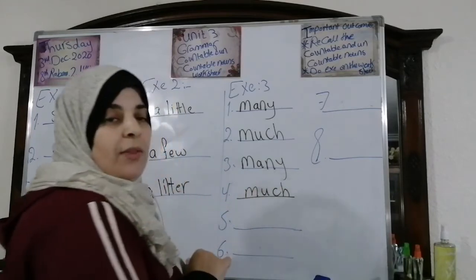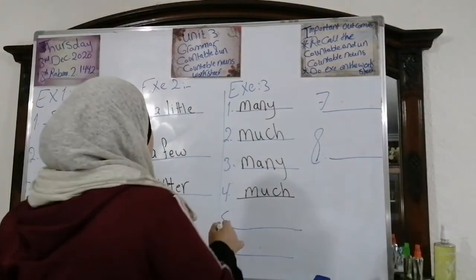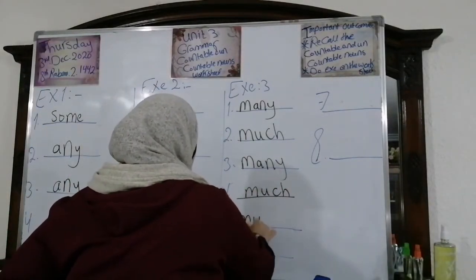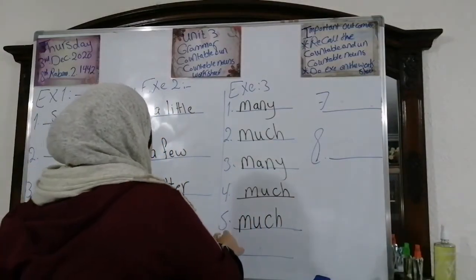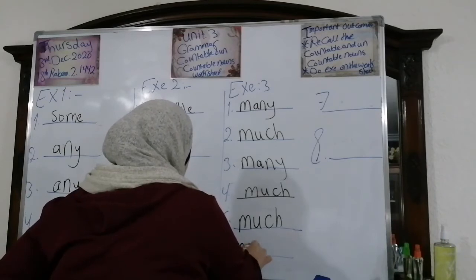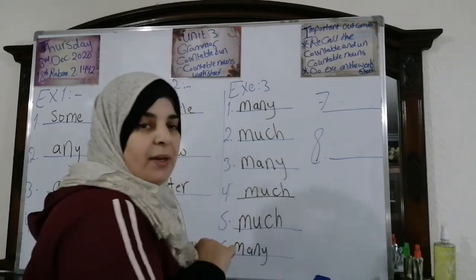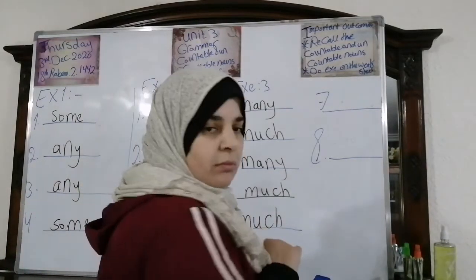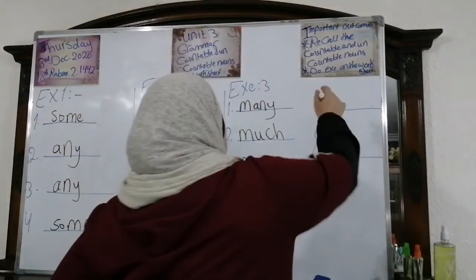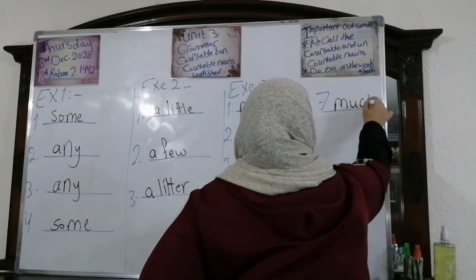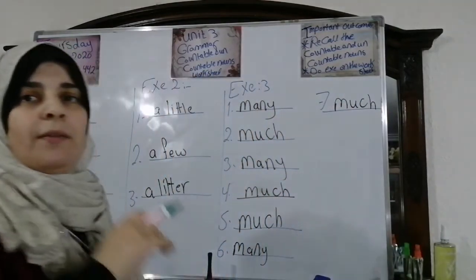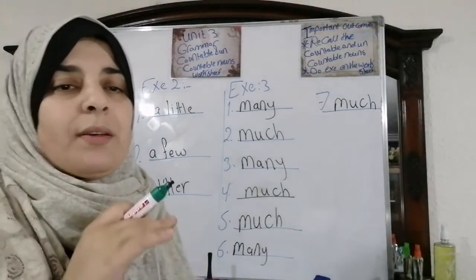Number 5, much time, because it's uncountable. Number 6, many pencils. Number 7, much cheese, okay?